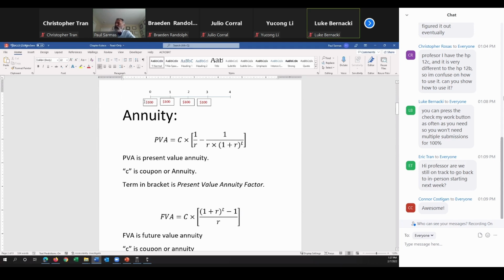No. The first $100 is at the beginning of year one, not the end. The second $100 is at the beginning of year two, not the end. You see what I'm saying? The last $100 is at the beginning of year four, not the end. So the answer is no, you do not have annuity. These formulas will not work. This is what I'm leading to. If you don't have annuity, the formula will not work.